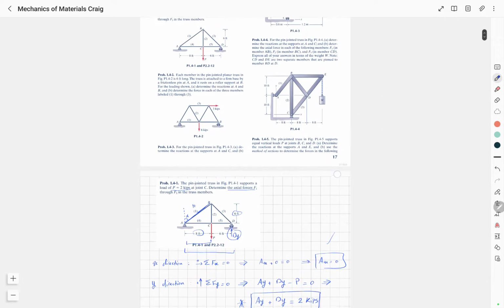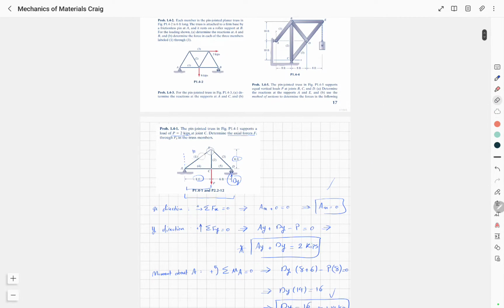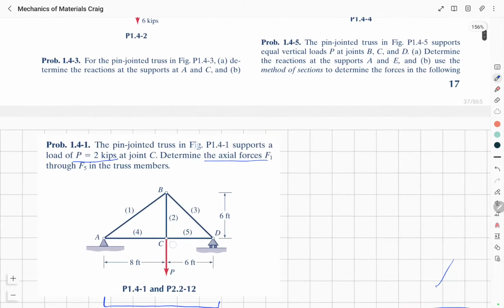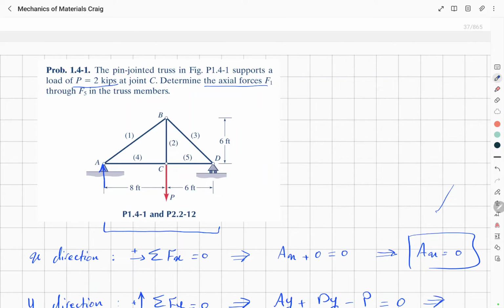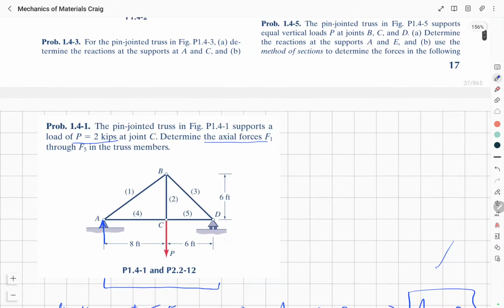So again, we can show the forces here. This force was equal to 0.86. This force was equal to 1.43. And this force was equal to 1.15. So this force is equal to this force, which is 1.43. This force is equal to this force, which is 1.15.